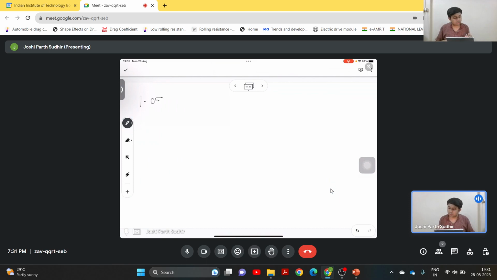So 1.05 is basically given by 4 over the square root of (1 minus 4) the whole square, or (minus 3) square, plus (2 into zeta into 2) whole square.